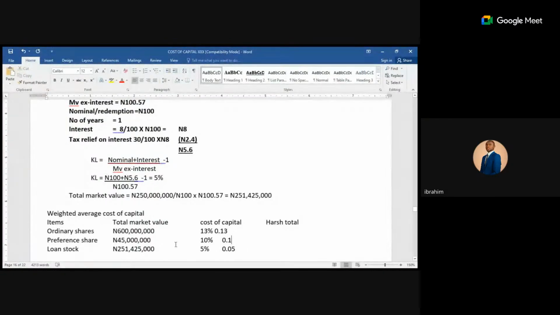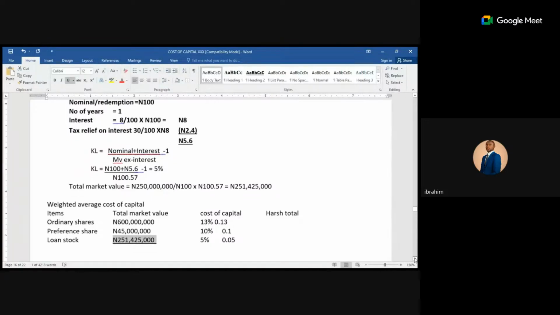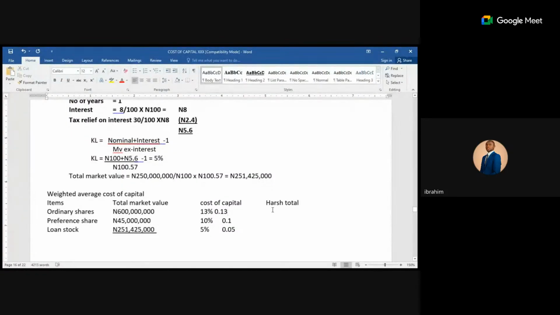Please, someone should add all the total market value. Then multiply 0.13 times 600 million. What do you have? 78 million.